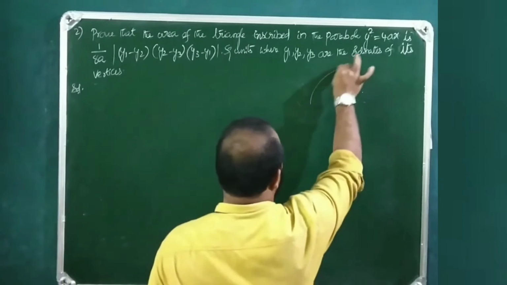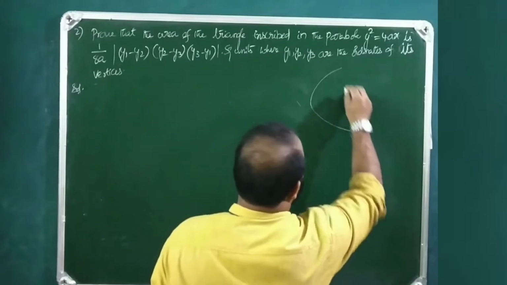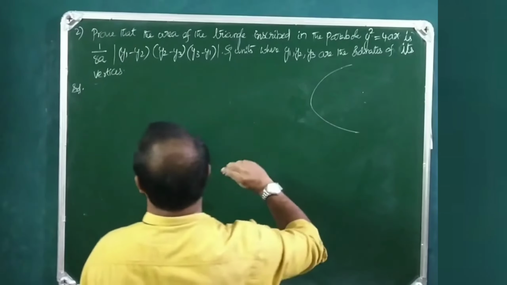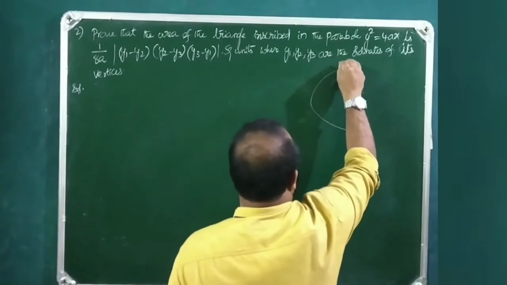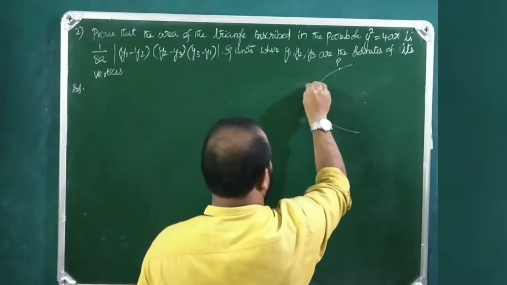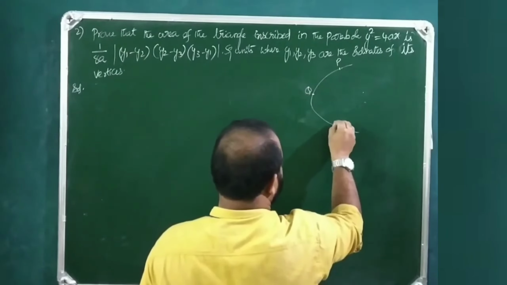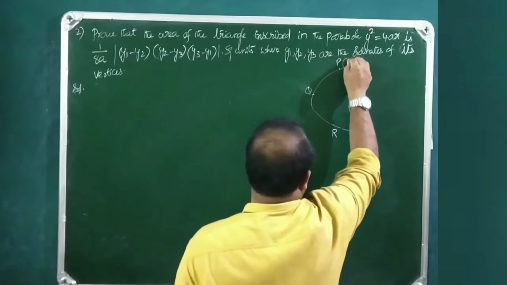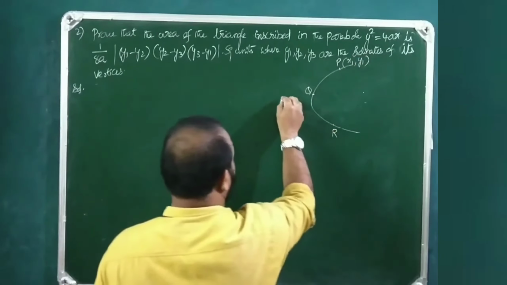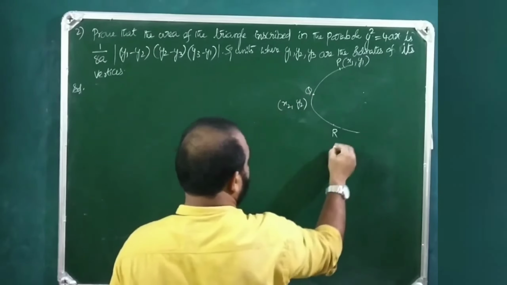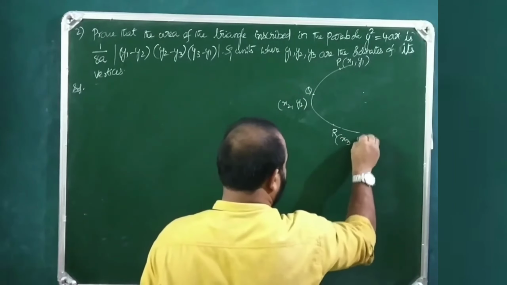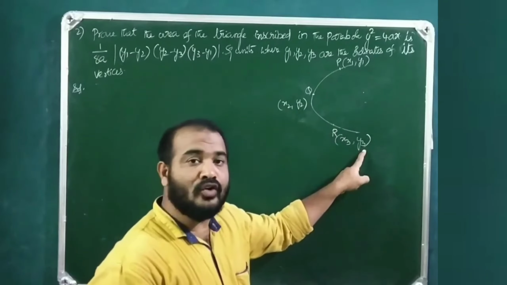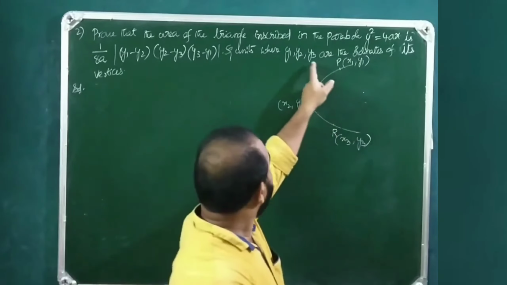Let us suppose that this is a parabola and there are 3 points: P, Q and R. So P is x1, y1, Q is x2, y2 and R is x3, y3. Here y1, y2, y3 are the y coordinates of the 3 points.